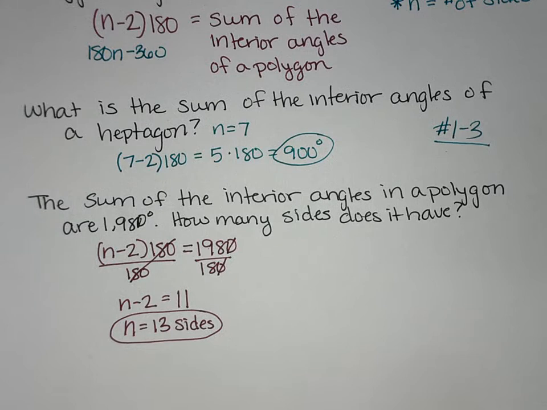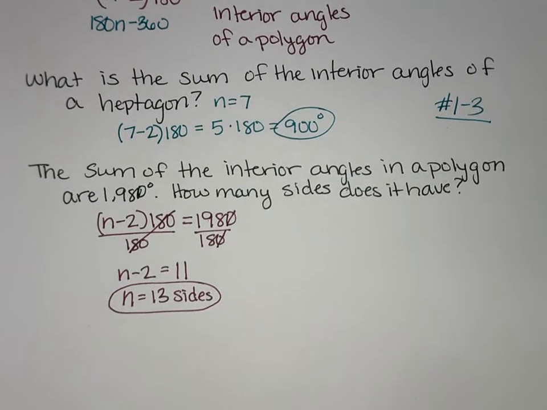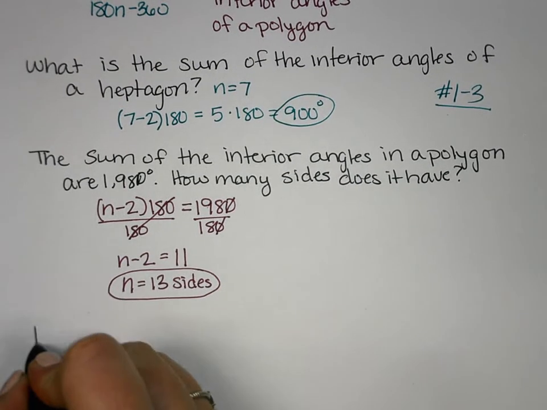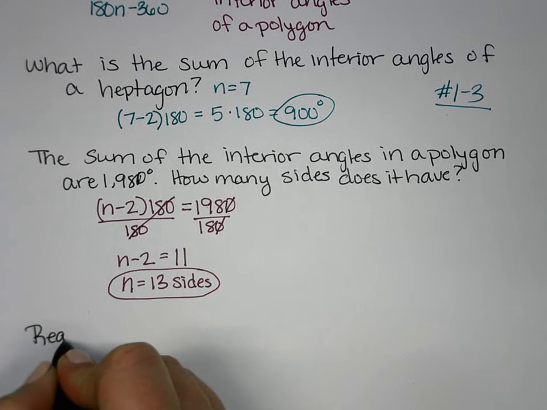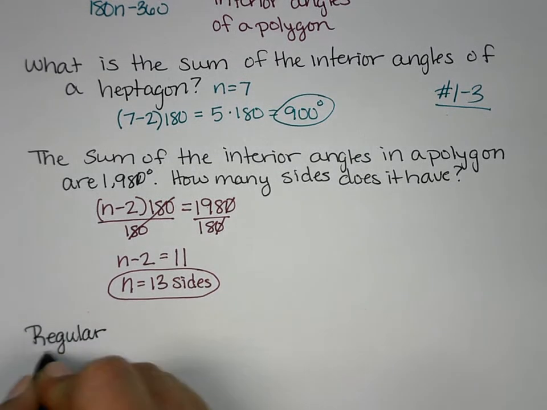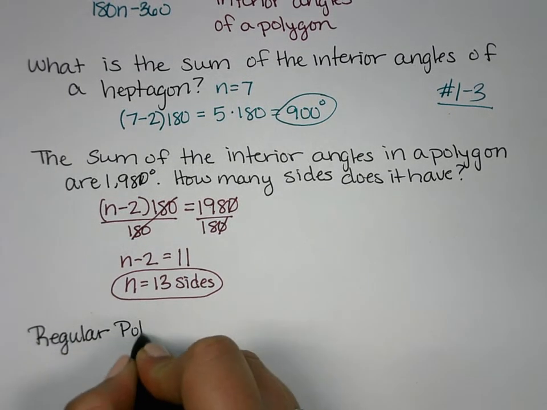Okay? So any questions on this formula at this point in time? Okay, so the next thing we're going to do is we're going to build on this formula to make another one. I've thrown around during the activity the word regular polygon.